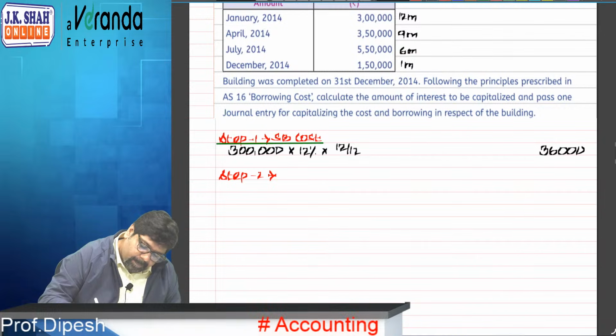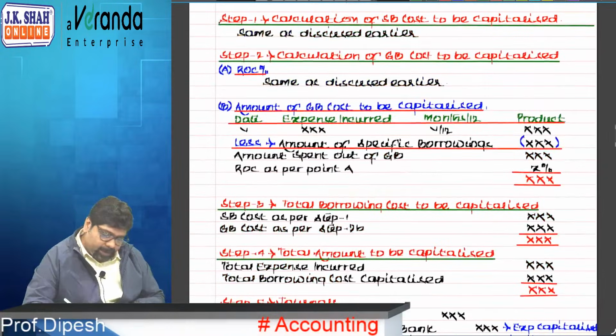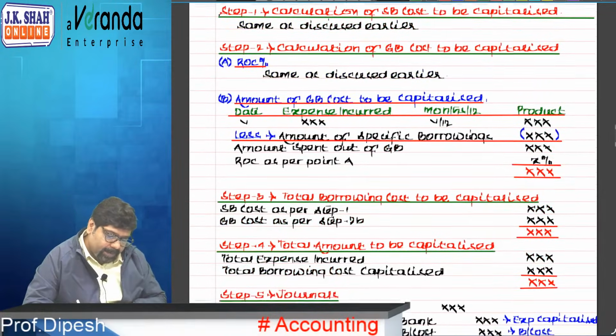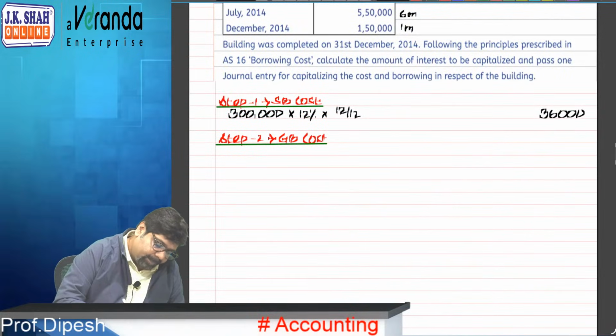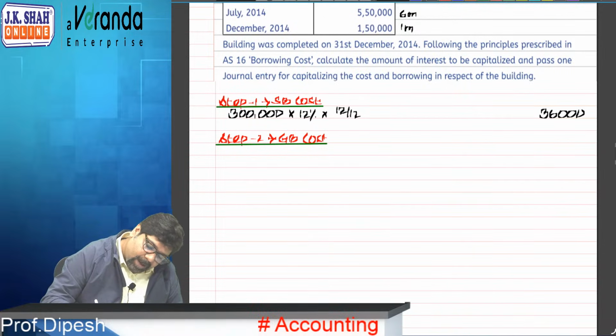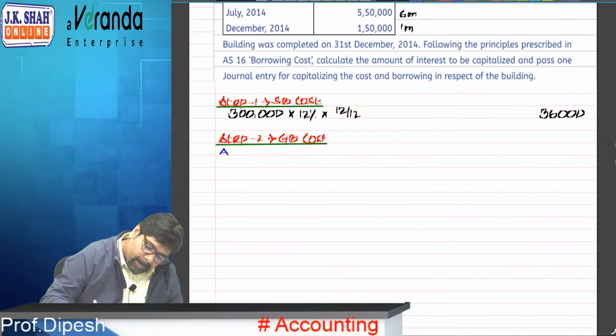Step 2: general borrowing cost. Now chartered, general borrowing cost. A, ROC, rate of capitalization.